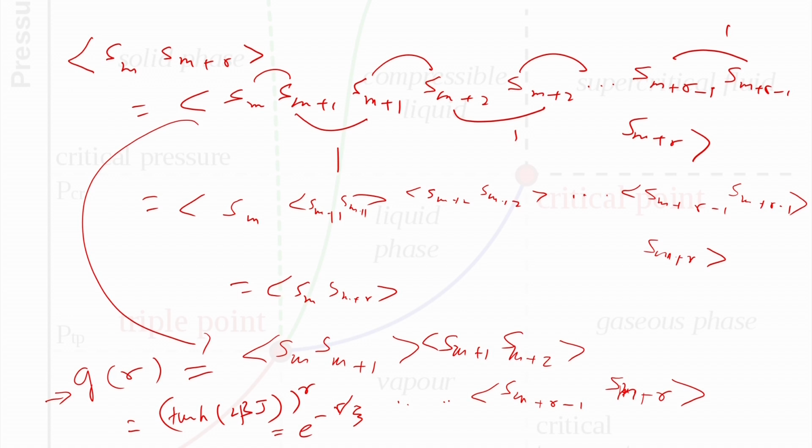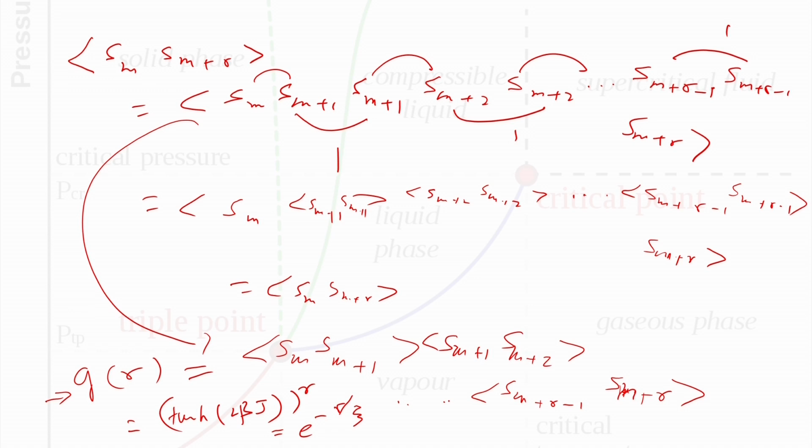The nearest neighbors are correlated because of the j there, and the next nearest neighbors are still correlated, albeit indirectly, because m and m plus 2 are correlated since m is correlated with m plus 1 and m plus 1 is correlated with m plus 2. So indirectly m is correlated with m plus 2. As a result you can expect m and m plus r to be correlated, although we expect that correlation to diminish rapidly.